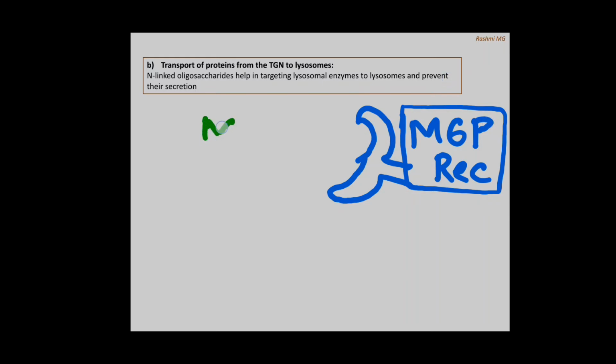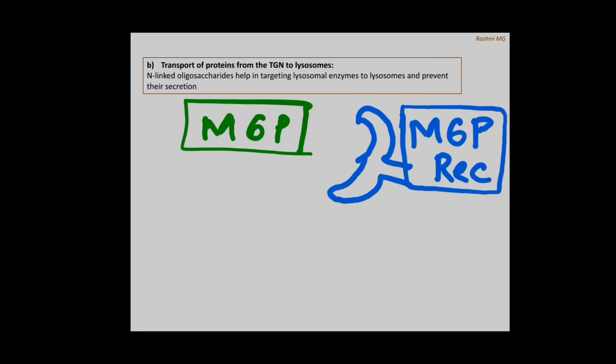Many mannose 6-phosphate residues bind to the mannose 6-phosphate receptor, which is found primarily in the trans-Golgi. The luminal domain of this transmembrane protein contains a region that binds M6P very tightly and specifically.